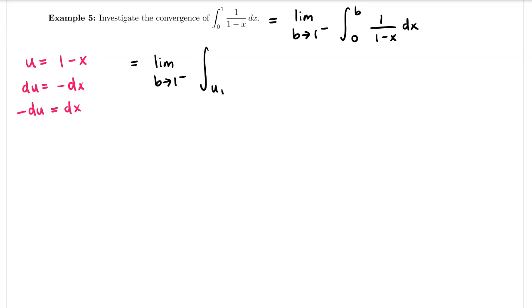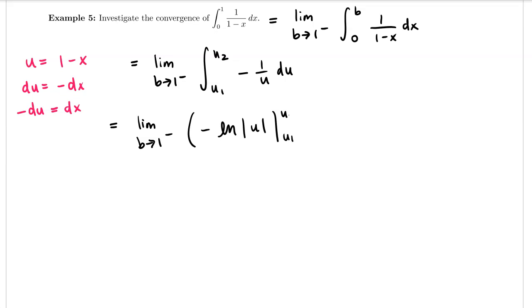So this is now going to equal the limit as b approaches 1 from the left-hand side of the integral from u1 to u2 of negative 1 over u du. Let's go ahead and sub back in our x now.